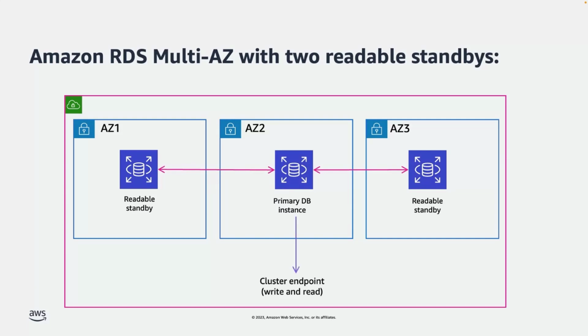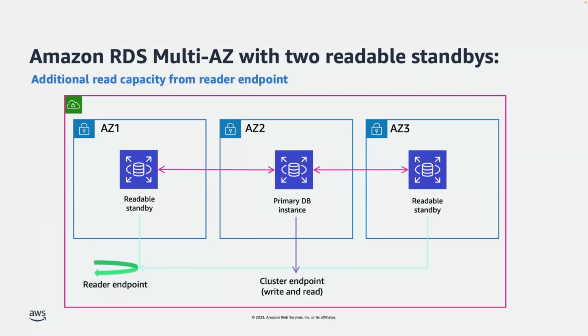The writer endpoint connects to the writer DB instance of the cluster, which supports both read and write operations. The reader endpoint connects to either of the 2 reader DB instances, which supports read-only operations.